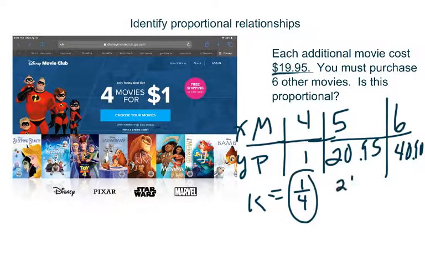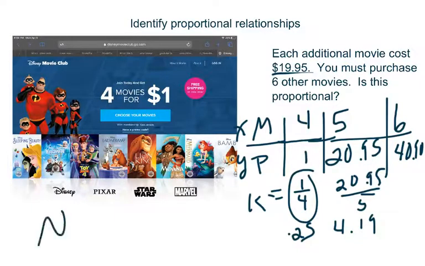This one is $20.95 over 5, which is about $4.19. So this was 0.25 a movie, and now it's $4 a movie. The values aren't the same when you do Y over X, and therefore this is not proportional.